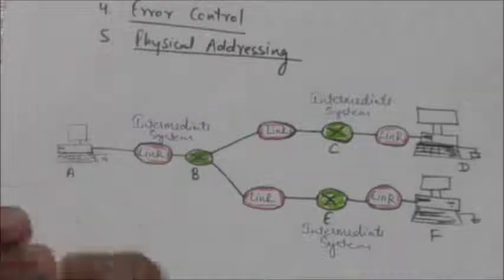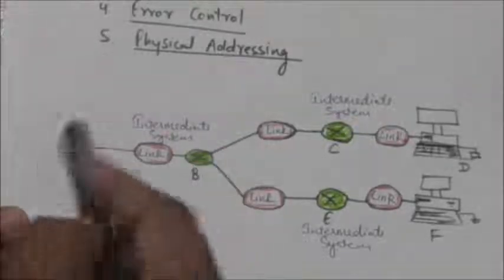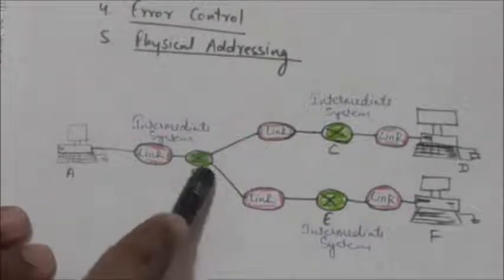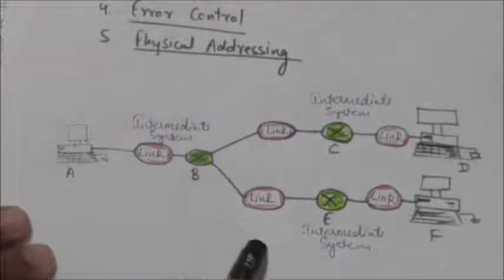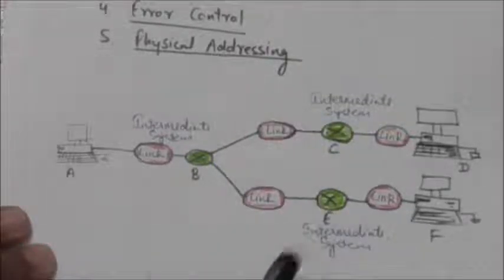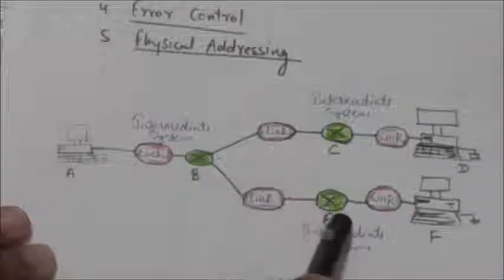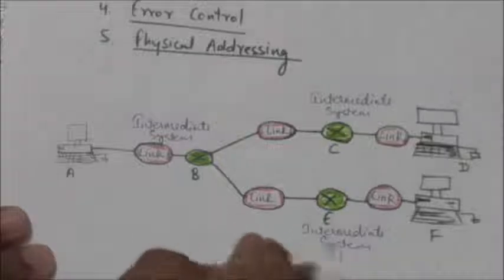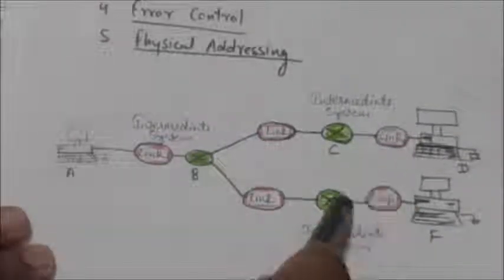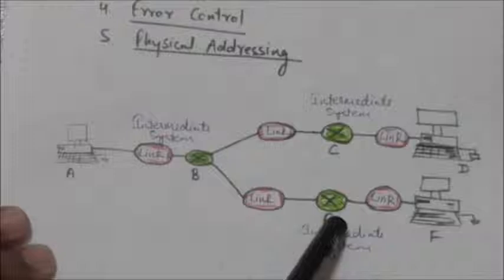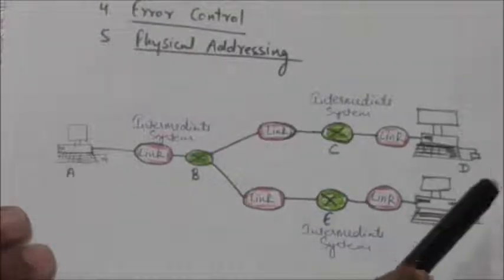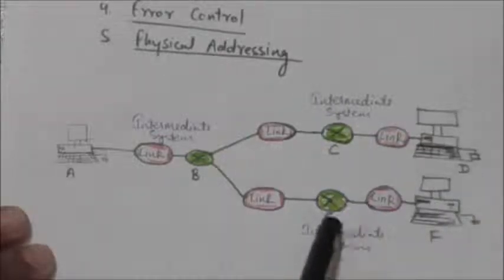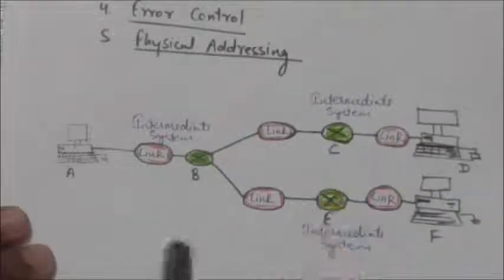Next, in the second partial delivery, the data link layer at node B sends a new frame to the data link layer at node E, and this frame has E as the destination address and B as the source address. And at last the data link layer at node E sends a new frame to the data link layer at node F, and this frame will have F as the destination address and E as the source address.